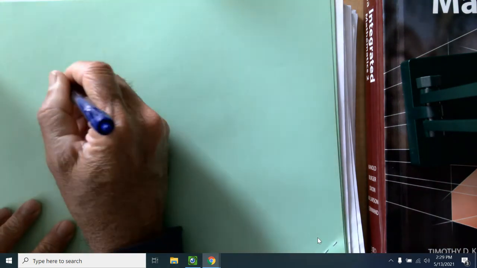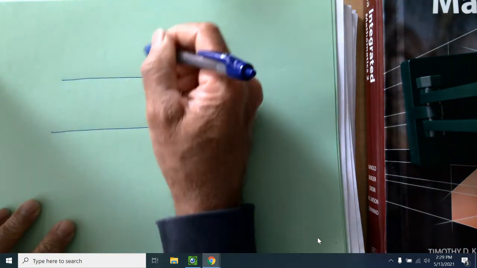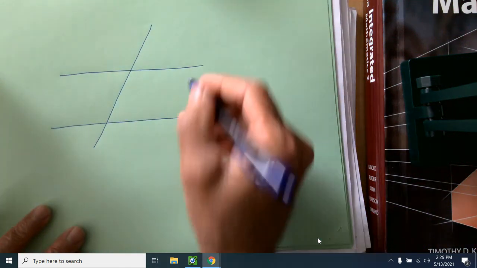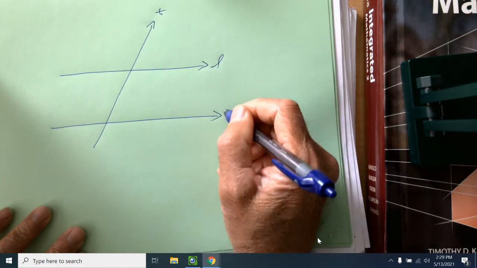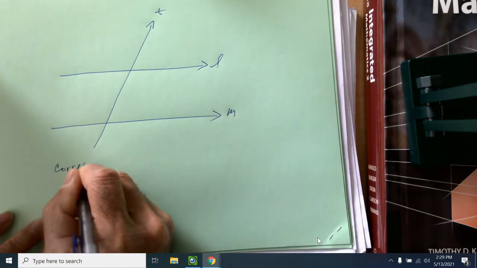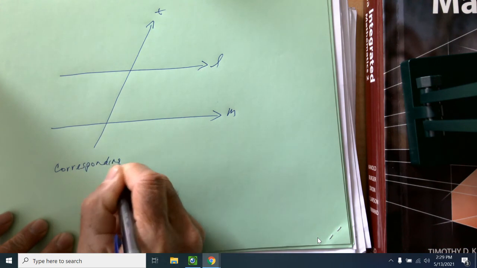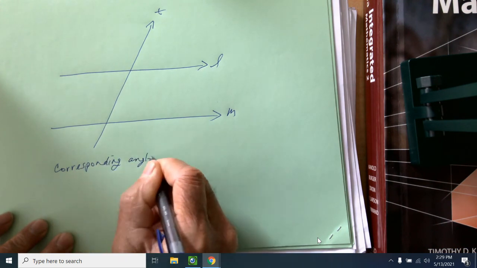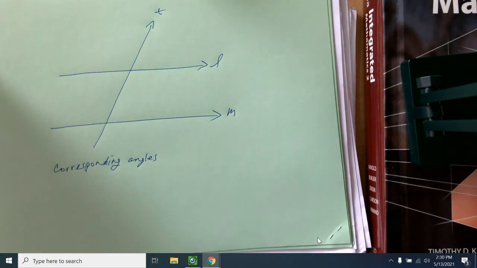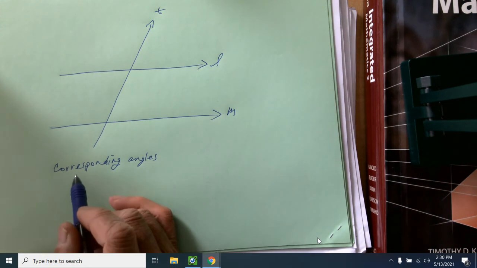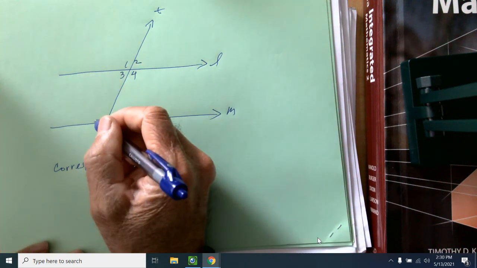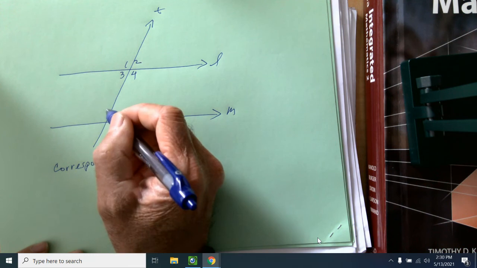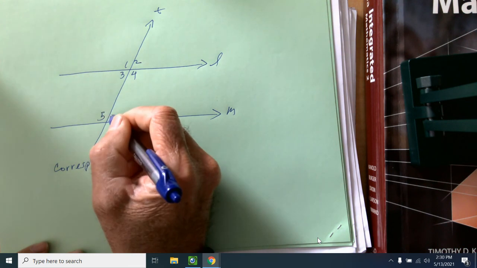Now the last group of problems, or the last angle pair, is something called corresponding angles. Okay, so for corresponding angles, what we're looking at is they're not going to be angles where they're both interior or both exterior.